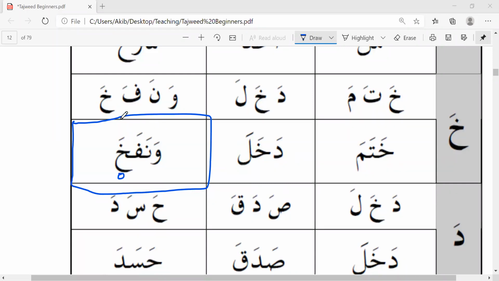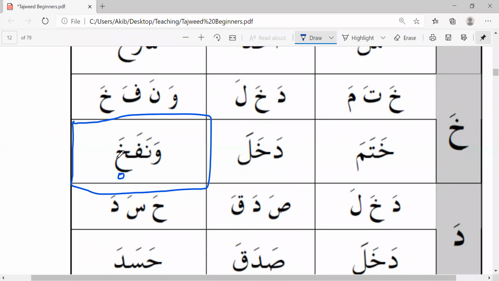For example, if I'm reading this word here, I'm going to just read this word. So, wa, na, wa, na, fa, wa, na, fa, kho, wa, na, fa, kho. Now, if I did that, I read something different there. I read the fa incorrect, okay?